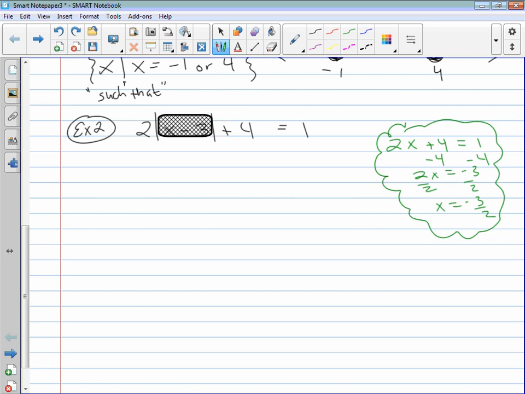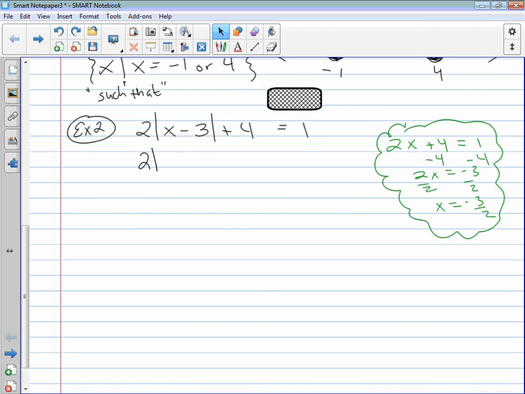This time, it actually wouldn't make a difference. But the next example I give you will make a difference. So don't distribute in absolute values. We're going to emphasize that later. But right now, here I'm going to subtract the 4. So then I end up with 2 times the absolute value of, what was behind there? X minus 3.